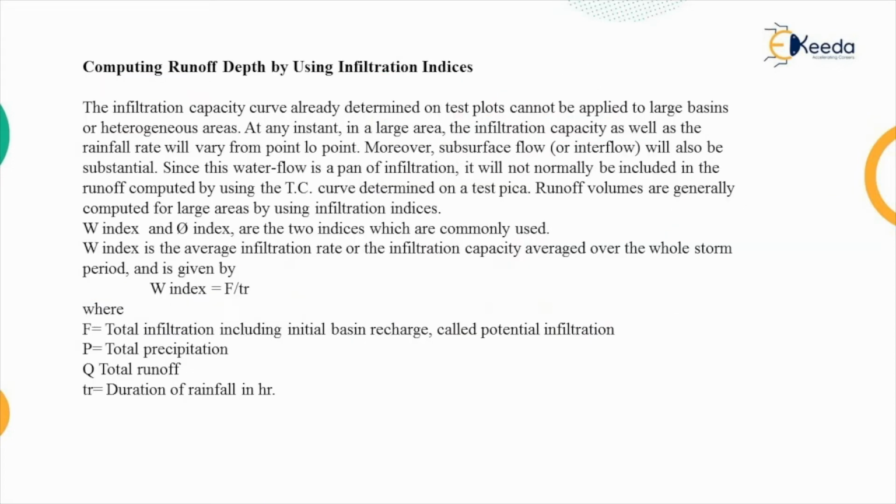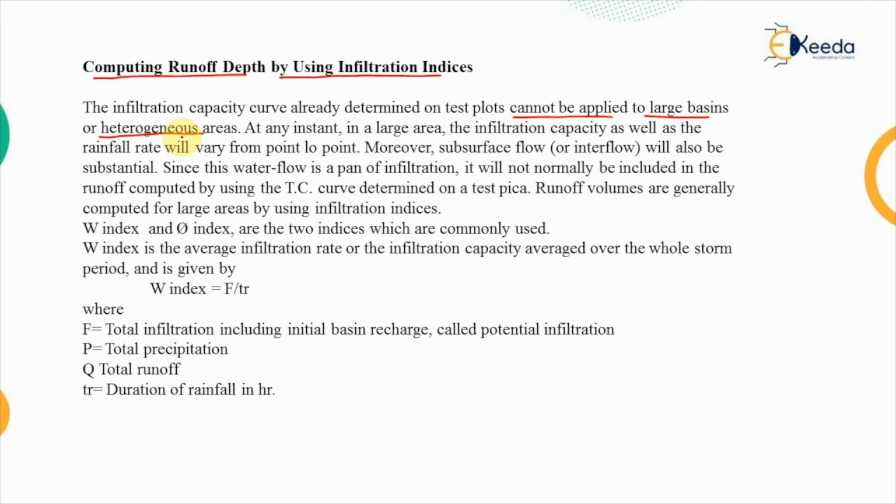Moving on to the next one, this is the computation of the runoff depth by using suitable infiltration indices. Now we have already seen that the infiltration capacity curve determined on the test plot cannot be applied to large basins or to heterogeneous areas where the rainfall is not constant, or the rate is not along a similar line but is fluctuating very heavily.